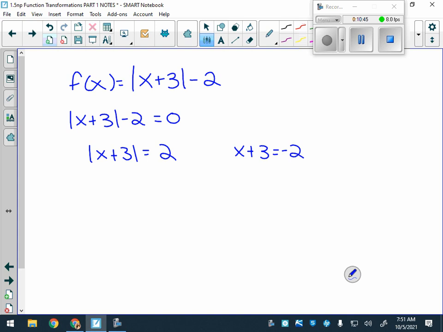So when you're finding your x-intercepts for absolute value, you have to have two equations, one positive and one negative, due to the fact it's the same distance from 0. Any questions? There's a few of you writing this down, so I'll give you a minute.